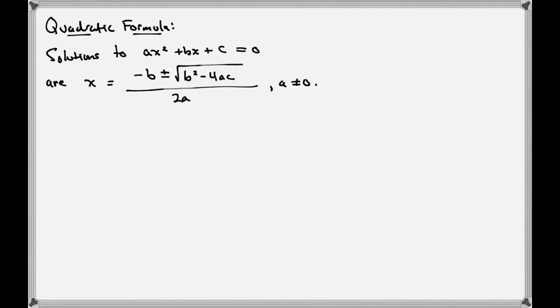So that expression under the square root is going to determine or discriminate between the different number of solutions and the kinds of solutions that you might get in a quadratic equation. And as such, it's called the discriminant. It's typically written as delta, and it's defined to be b squared minus 4ac.